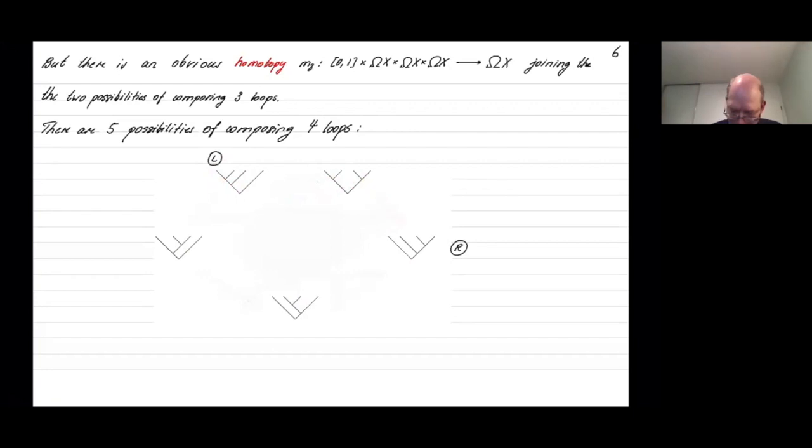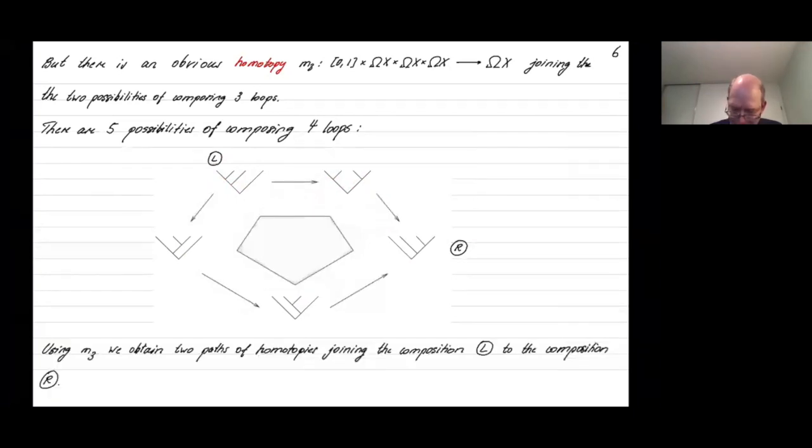So we get a path of homotopies joining L to R like this, but we can also go in the other direction. We first move this cutoff point, then we get a composed homotopy composed of 3 intervals. So we have 2 homotopies going from L to R.